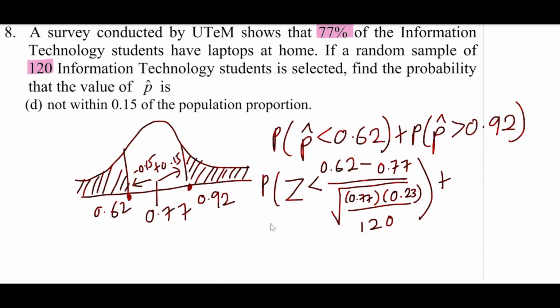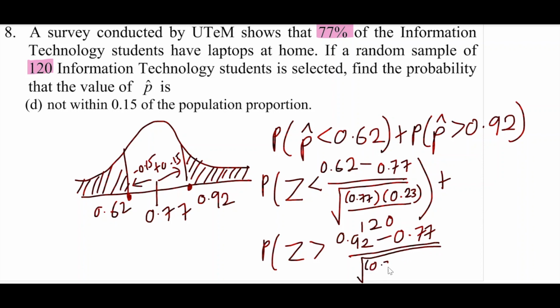Plus the probability of z greater than 0.92 minus 0.77 divided by square root of 0.77 times 0.23 divided by 120. So this can easily be solved using your calculator, the R function and the P function.